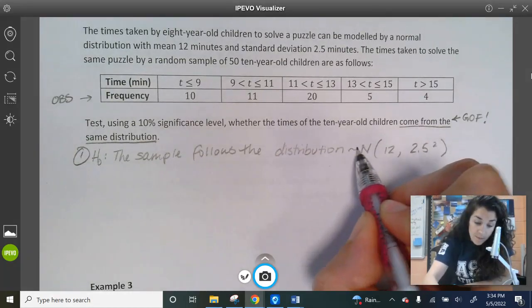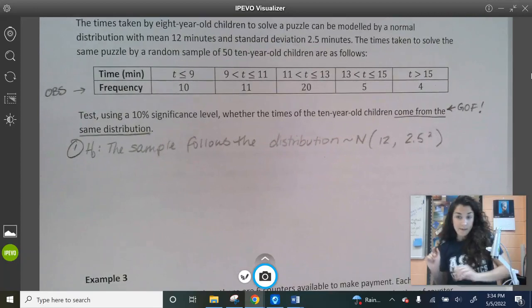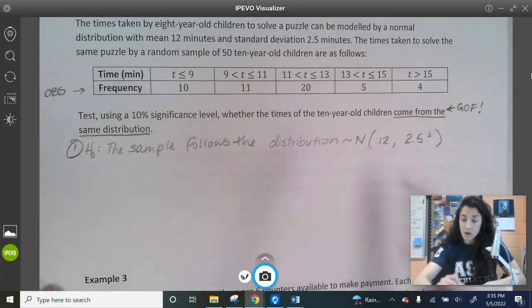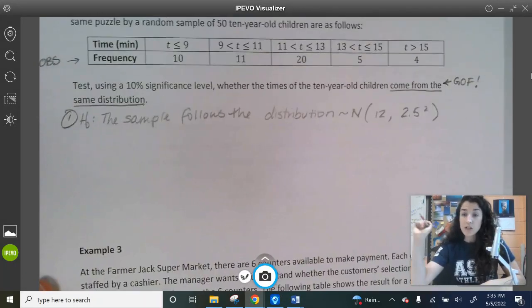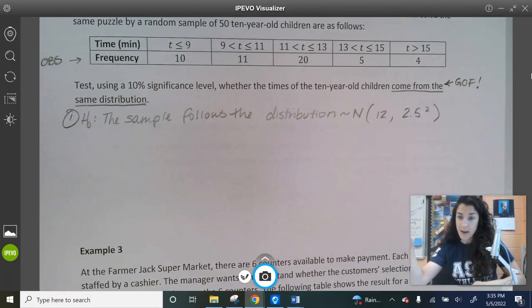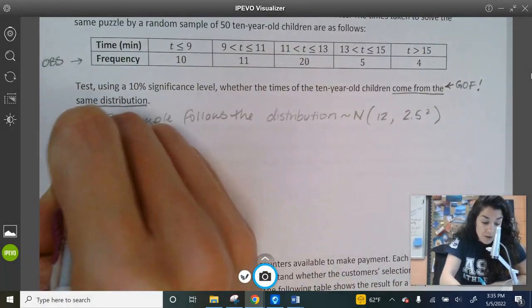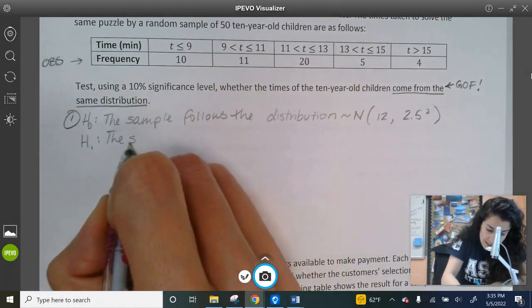And so if you want to be specific about the type of distribution, which you should always be specific with your hypotheses, this would be a way that you could write it out. Or you could also just say follows the normal distribution with an average of 12 and a standard deviation of 2.5. But you do need to make sure that you list those out in the hypotheses, or else you're not being specific enough. So just be very careful. The alternative, of course, is that it doesn't. So the sample does not, et cetera, et cetera.